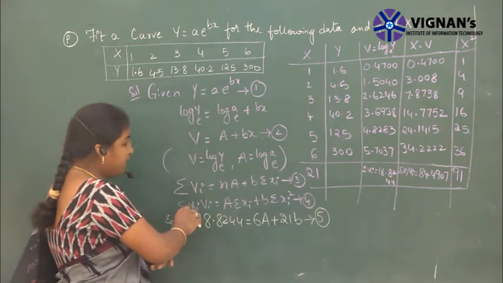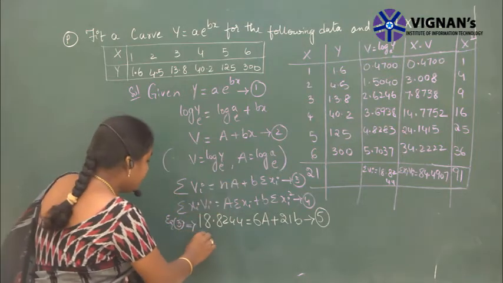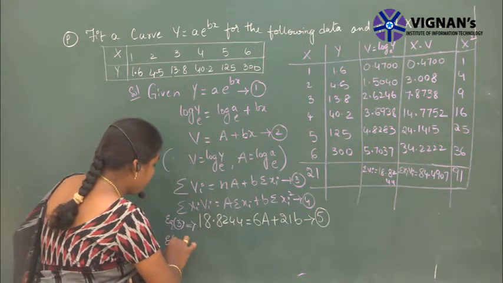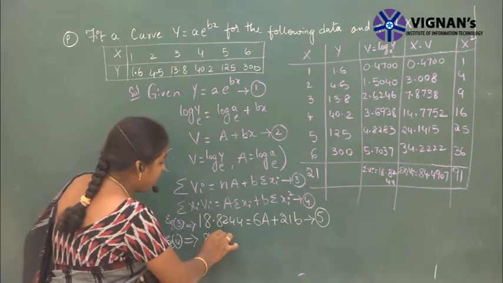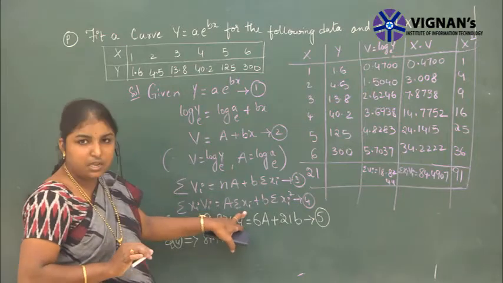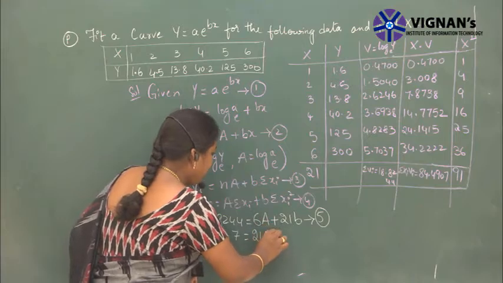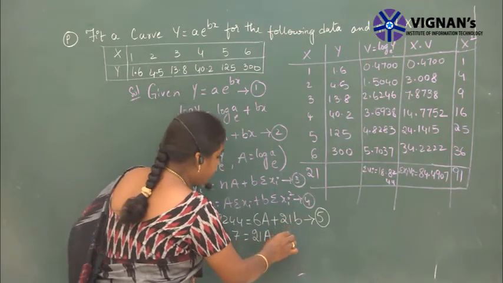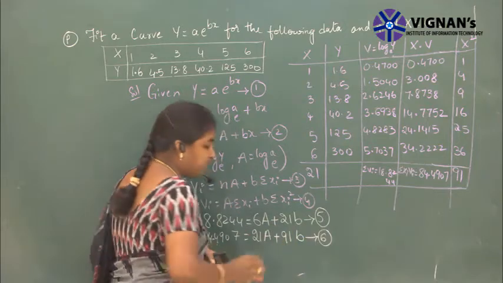Next, for the second equation, summation xi into yi, that is equation 4, implies 84.4907 equal to a summation xi. Summation xi is 21a plus summation xi square is 91b. Let this be equation 6.